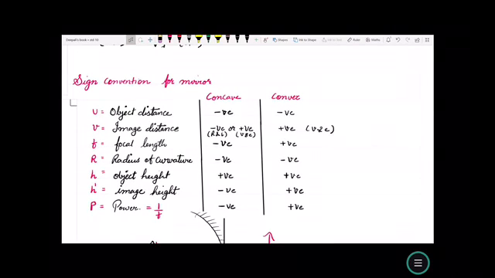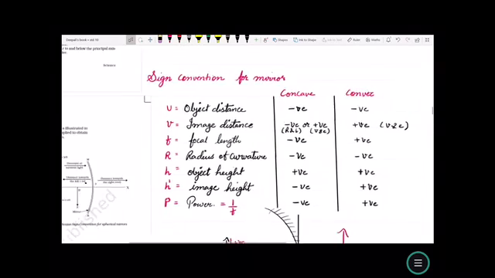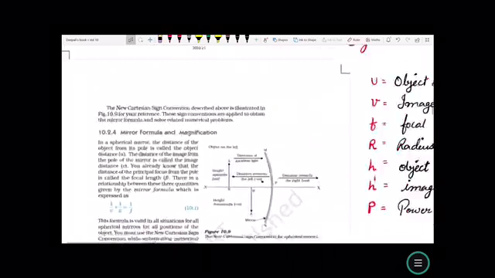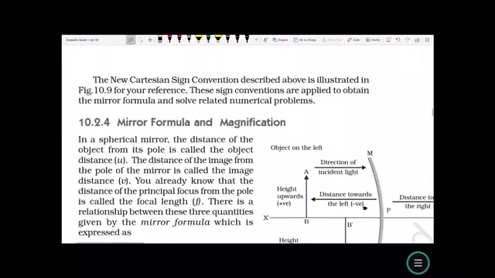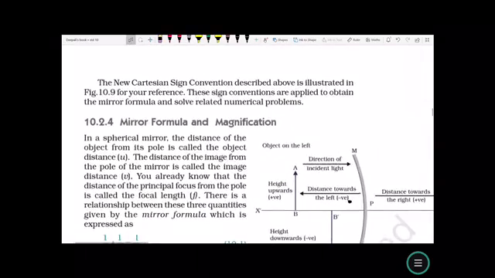We can see now that for a convex mirror, the object distance is negative, the image distance is positive, focal length is positive, radius of curvature is positive, object height is positive, image height is positive, and power is positive. This is very important for solving the various numericals.